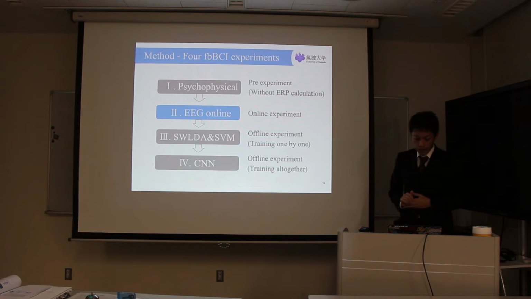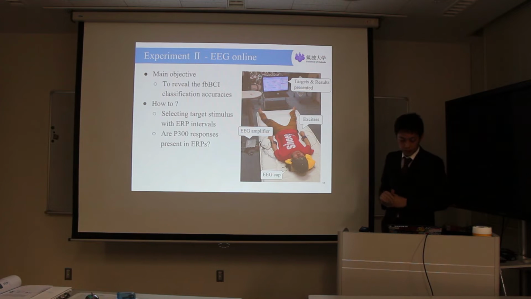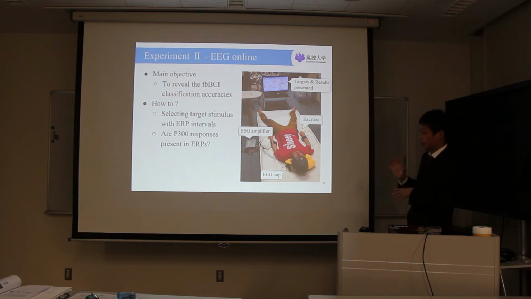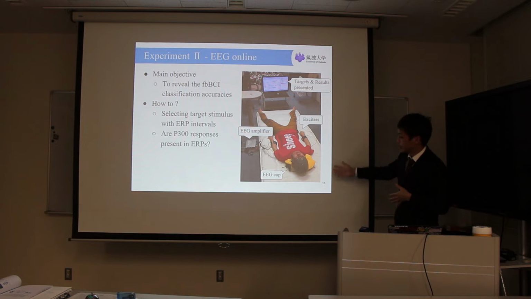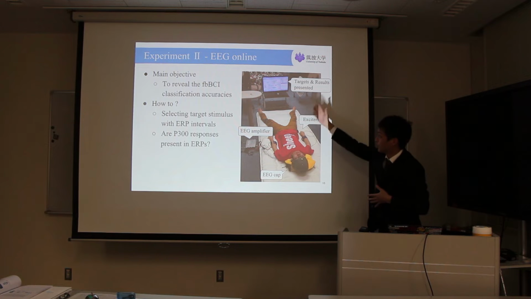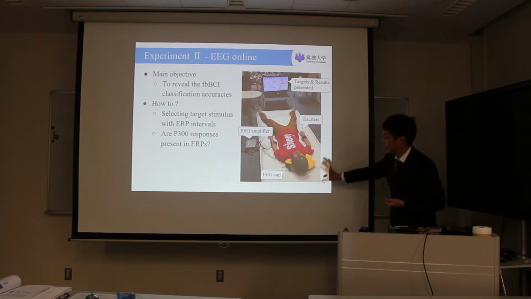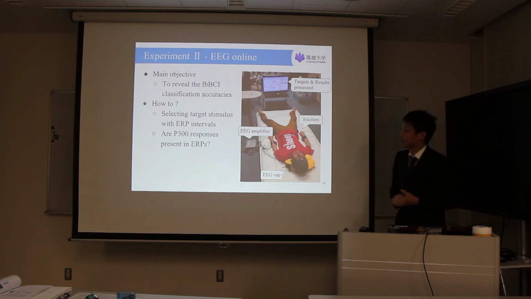Second, we conducted the EEG online experiment. Like I said, this would be considered the most common, usual BCI experiment. We attached EEG electrodes on the user's scalp, and the brainwaves are converted in the EEG amplifier to input to the computers, and then the BCI classified the EEG signals.